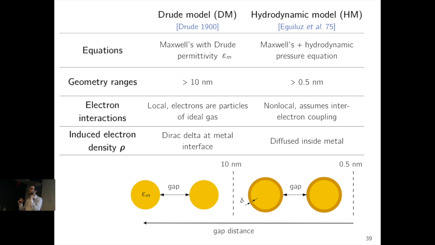The main physical difference between both models is in the induced electron density rho, where for the Drude model, this induced electron density is infinitely squashed at the metal-dielectric interface. In the hydrodynamic model, we see that this induced electron density is spread inside the metal. Hence, it essentially diffuses the boundaries of the metal and changes the electromagnetic response.